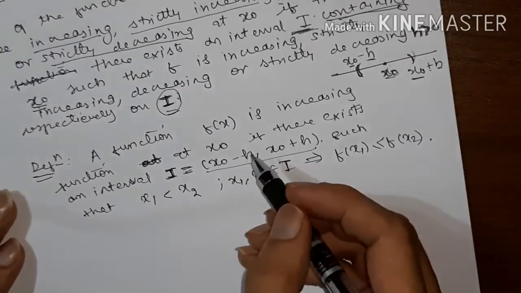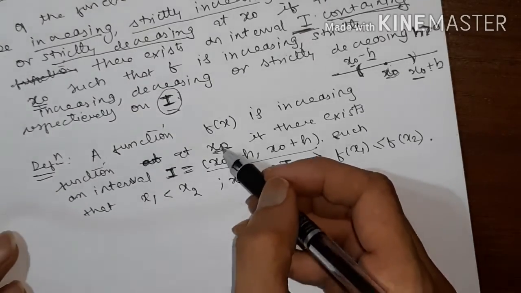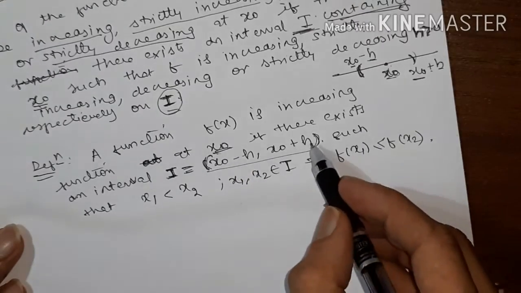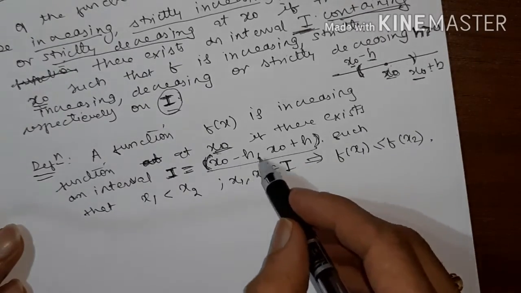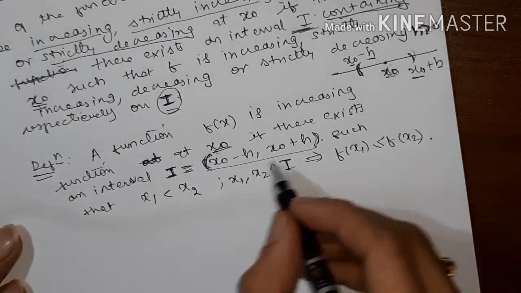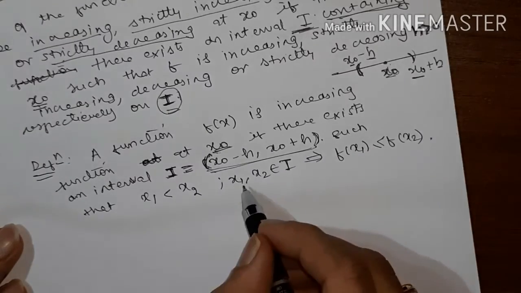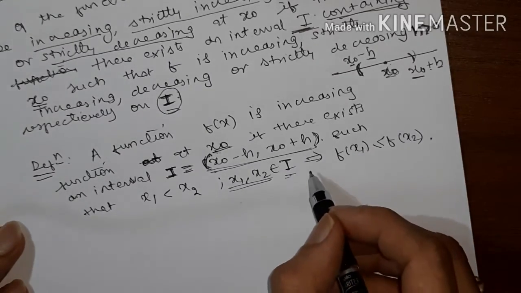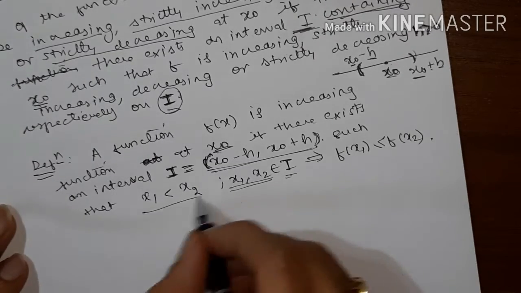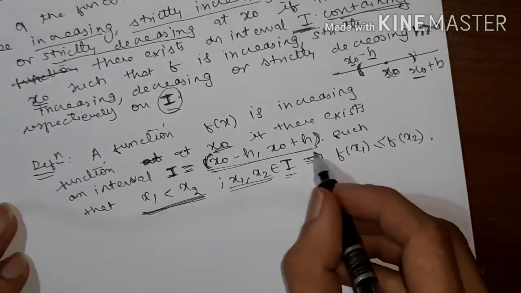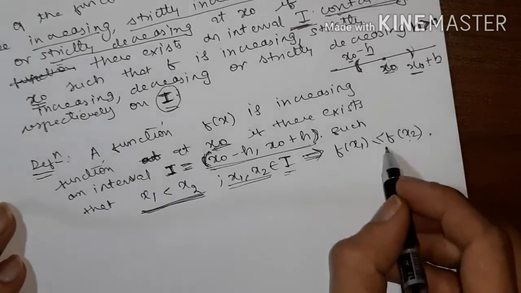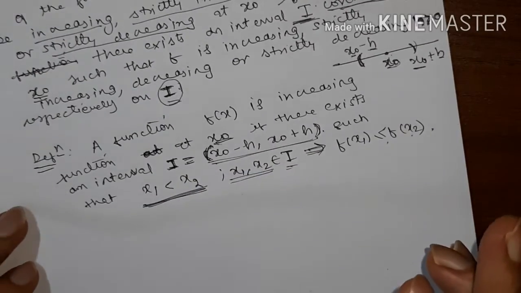So what you're doing here is you're taking one point x naught in the interval I, and then you're looking at the interval x naught minus h comma x naught plus h. If you take x1, x2 in the interval, and x1 is less than x2, that is also important, then it implies f(x1) is less than or equal to f(x2). If it implies that, then f(x) is an increasing function.